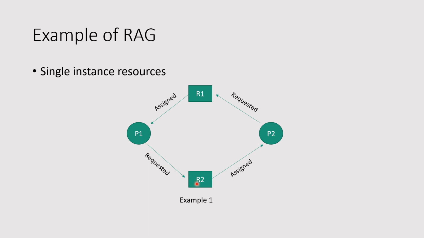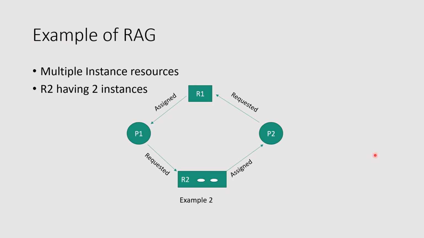Likewise, R2 is assigned to P2 and P2 is requesting for R1, and both these boxes for R1 and R2 do not have any circle or some dot, so that means these are single instance resources.